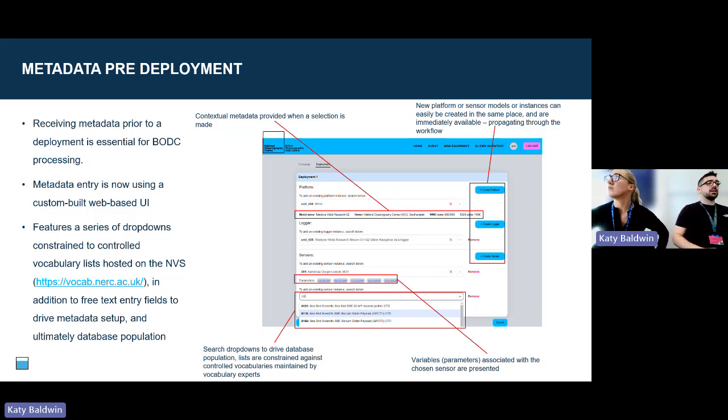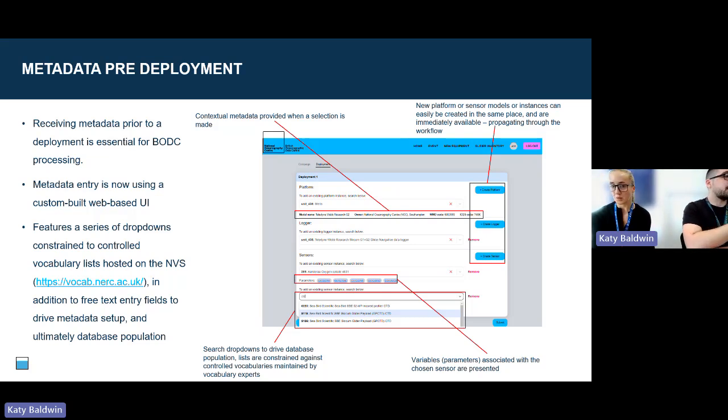Metadata are stored by BODC on the semantic sensor network database, as I mentioned, and once metadata is set up, BODC can receive source files from the deployment in near real time.